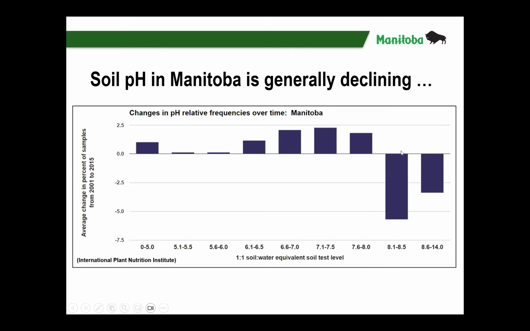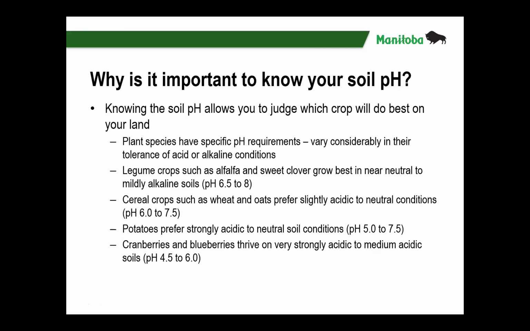And so it just means that there's been a slight shift and we're seeing an increase in soils that are starting to fall within that more neutral range, and an increase slightly in soils that are in that more acidic range. So the soil pH is shifting. And that will happen naturally over time, but it is being sped up in some cases by different occurrences, whether it's more decomposition of organic matter, but nitrogen fertilization being one of the key factors.